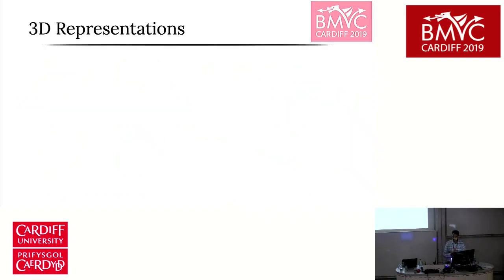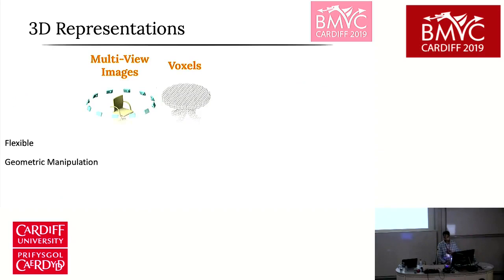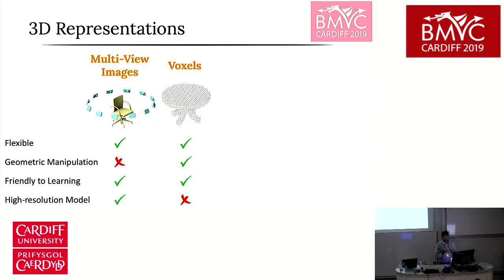Current 3D reconstruction techniques heavily depend on the input 3D representation. For example, images or voxels, although flexible and friendly to learning, can be difficult to geometrically manipulate or represent high resolution meshes. Part-based models, although they overcome some of these shortcomings, are basically not friendly for learning.